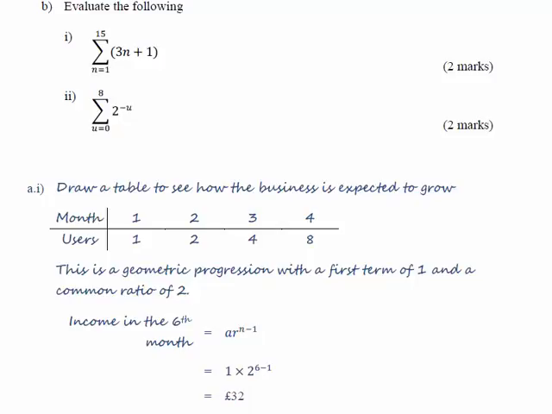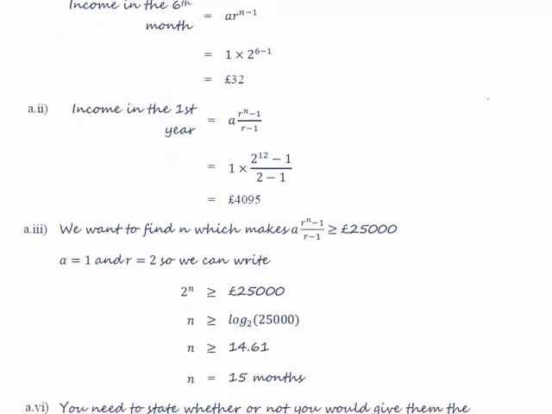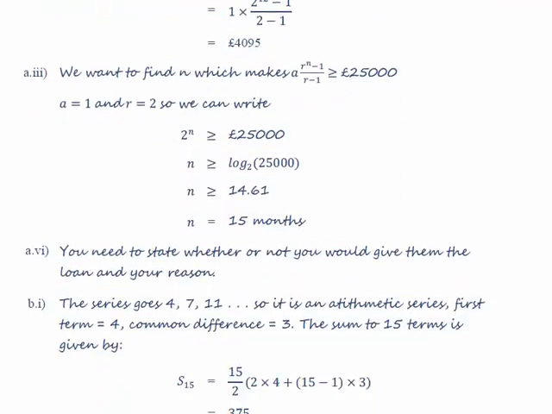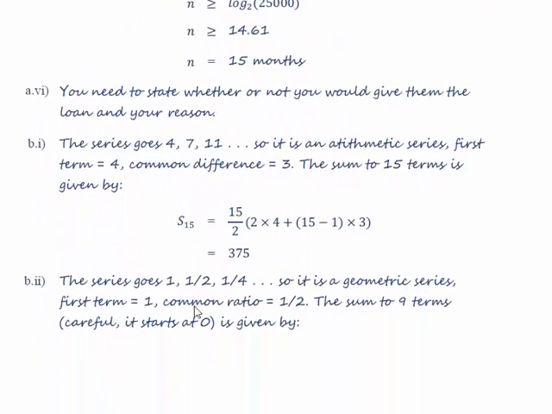Part 2. Again, we'll calculate the first terms. 2 to the 0 is 1, 2 to the 1 is a half, and so on. So the series is going to go 1, half, quarter, eighth, and so on. So it's clearly a geometric series.